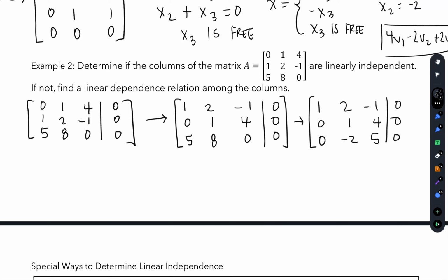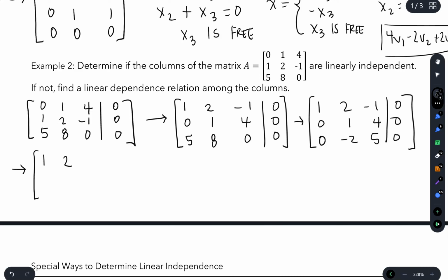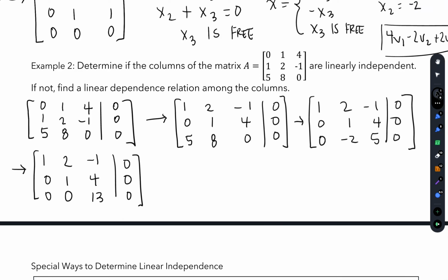Is it -5? I multiply by negative, so let's do that. All right, and then positive 13.